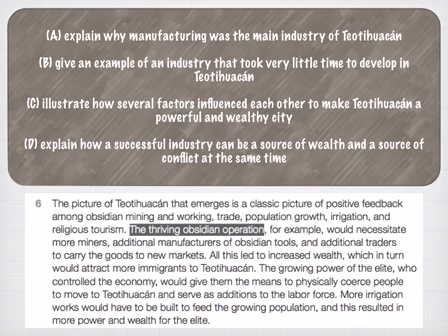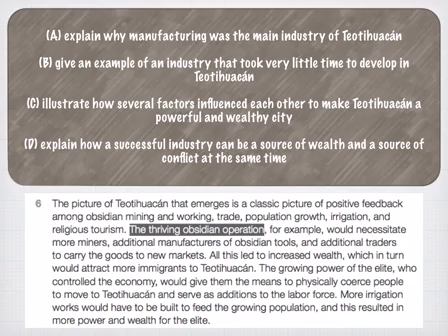It doesn't say anything about the timescale from when the obsidian operation started to when it started to bring in all the money to Teotihuacan. So I don't think that we can actually use B here. We can probably keep A, I guess, but B definitely we can lose. It doesn't really mention any timescale at all.